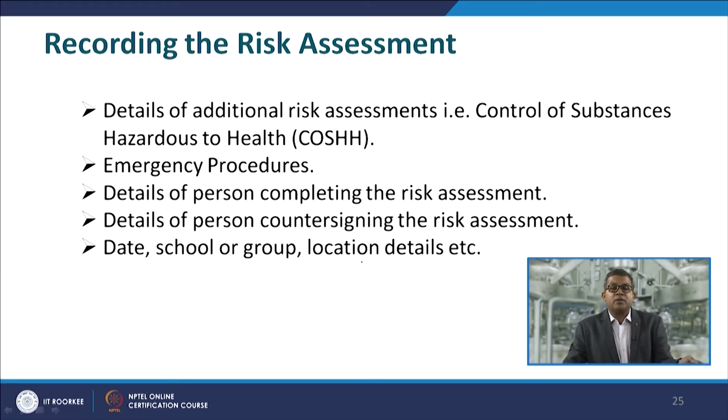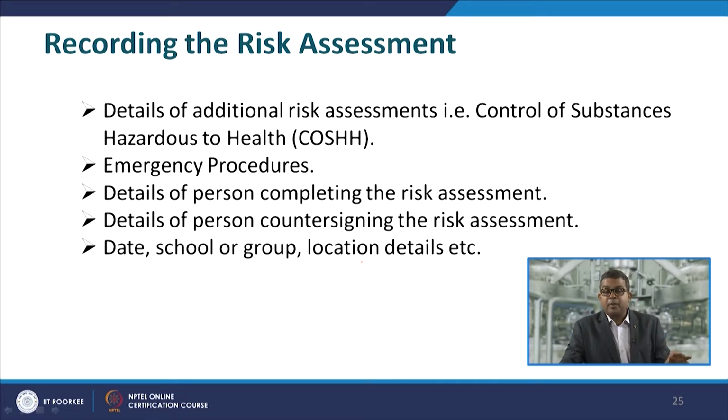Then, in addition to this recording, some other points like details of additional risk assessments like control of substances, etc. Then what the different emergency protocols or procedures are, the details of the person completing the risk assessment, and details of the person countersigning the risk assessment.